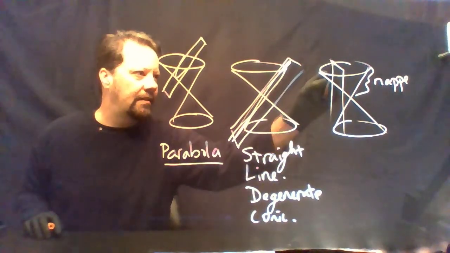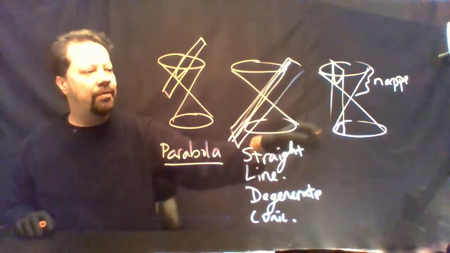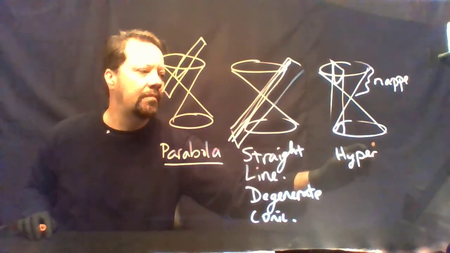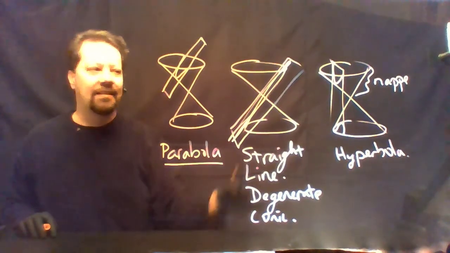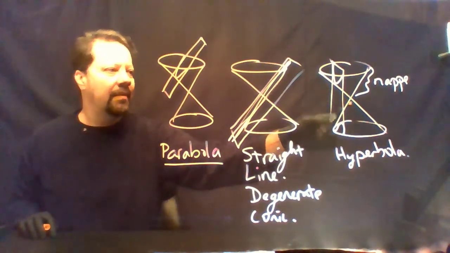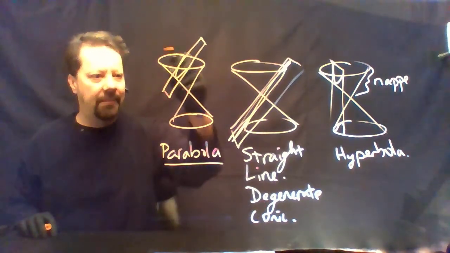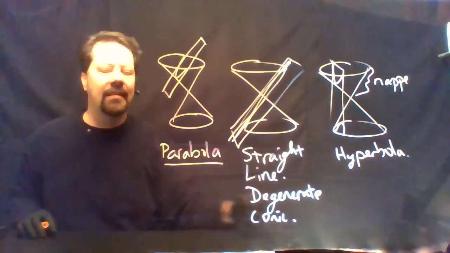If you cut the cone in this way, you end up with two curves forming a hyperbola. At any angle steeper than parallel to the side, you end up cutting both nappes of the cone, and you end up with a hyperbola.